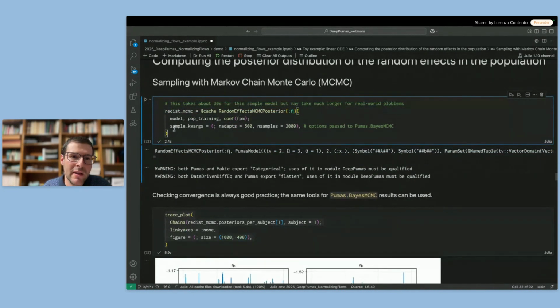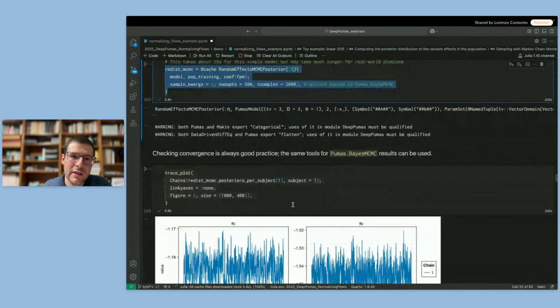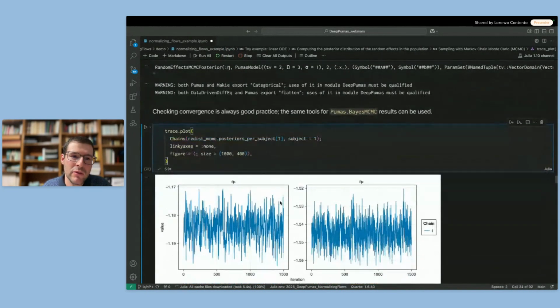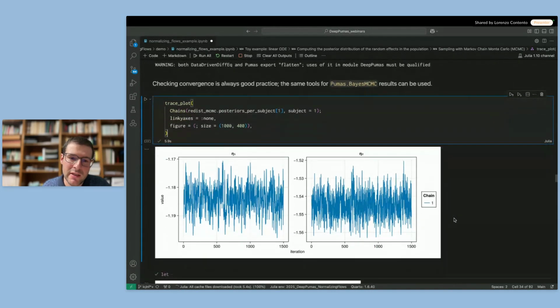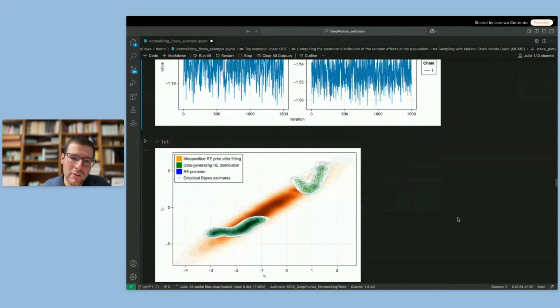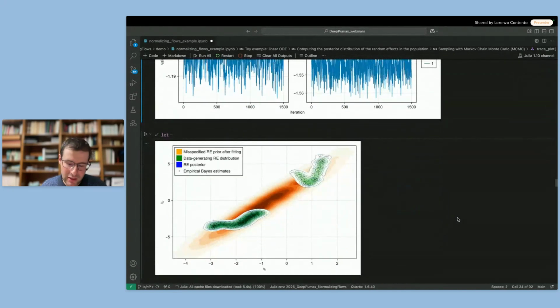Once we have sampled the posterior, we can use the same tools from Pumas to check, for example, the trace in order to check convergence, which is always a good thing to do when dealing with MCMC. And once we are satisfied that MCMC resulted in a good posterior, we can try and use it to improve the random effects distribution.